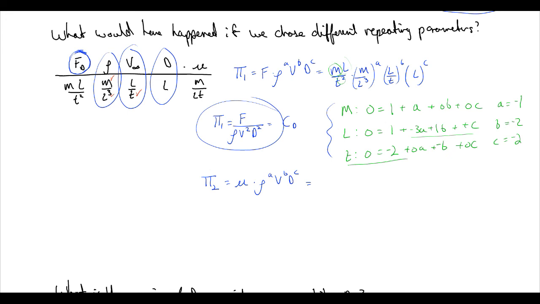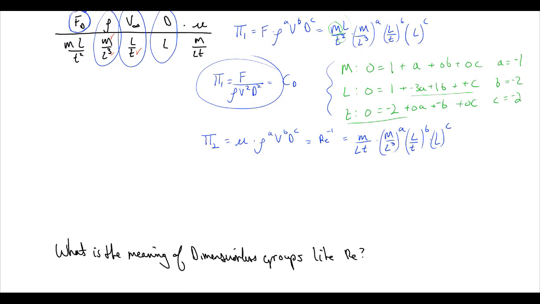All right, so for our equation here, we have mass over length and time times m over L cubed to the A, L over T to the B times L to the C. And for our system of equations, we get mass.